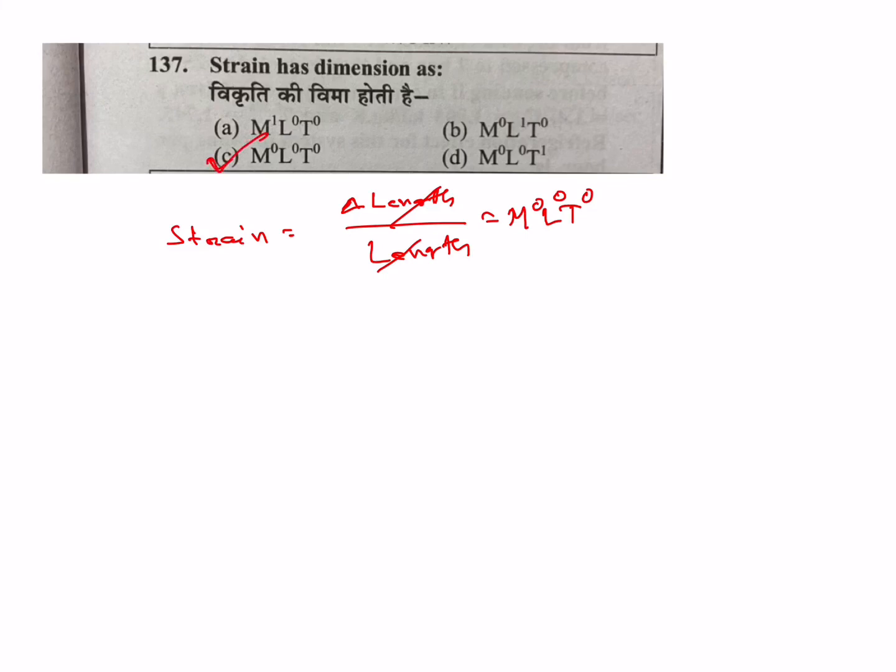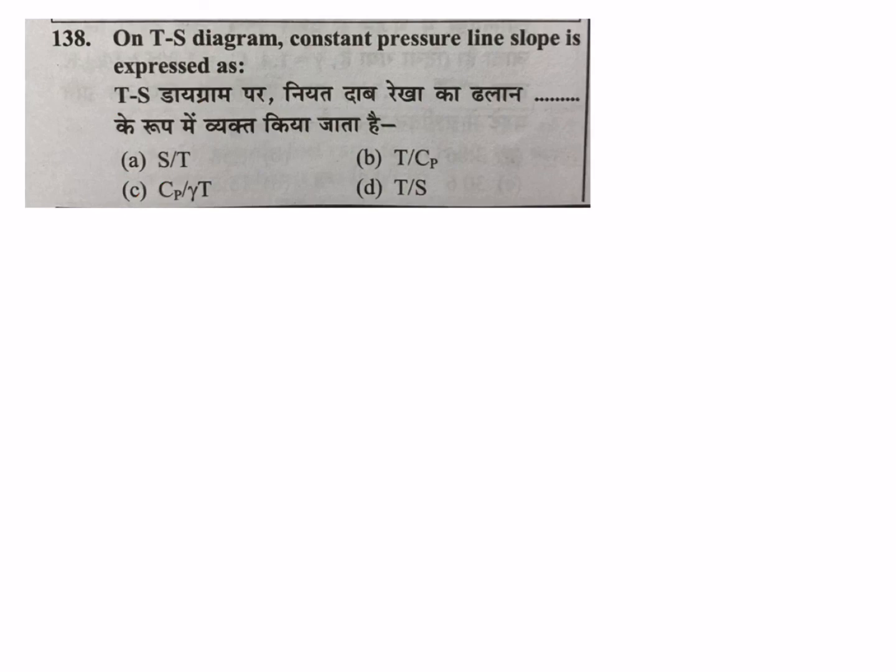On TS diagram, constant pressure line slope is expressed as. So TS diagram, TS plot, constant pressure line, slope we have to calculate.